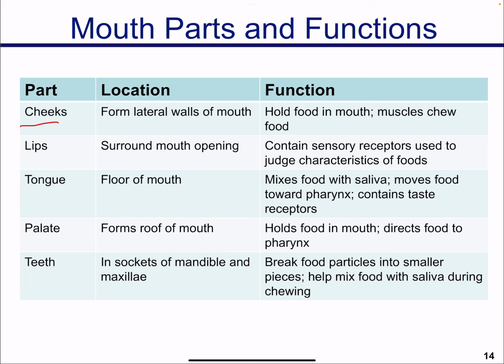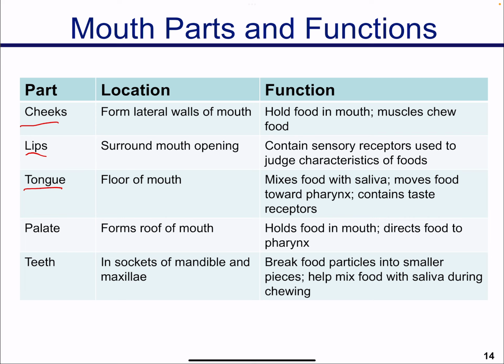You have muscles in the teeth that are essential for chewing. Then we're going to have the lips. The lips are going to contain a bunch of sensory receptors. These are going to be essential for assessing the characteristics of the food, well, not just food, but also other things, right? Then we have the tongue. The tongue is going to be essential for mixing food with saliva. It's going to be essential for swallowing.